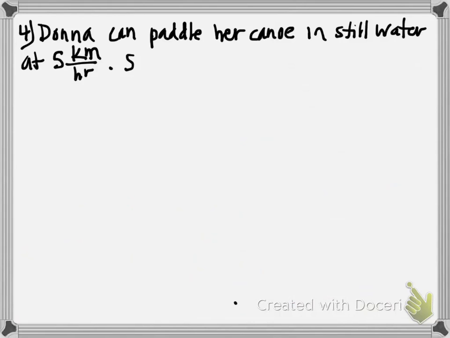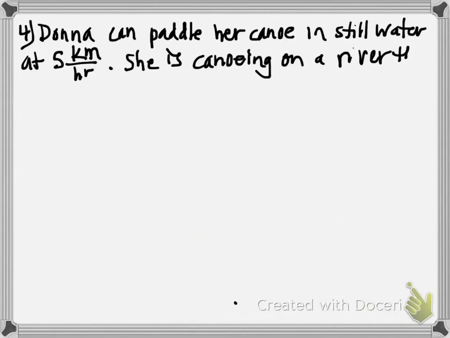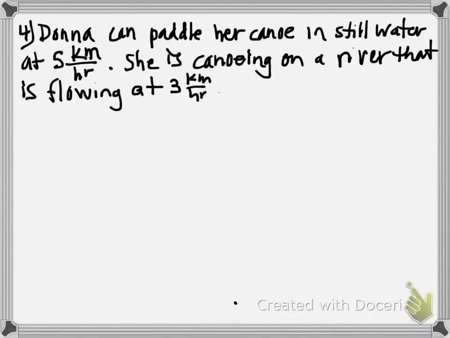She is canoeing on a river that is flowing at 3 kilometers per hour. There's another rate label. Normally, that's what we're solving for.